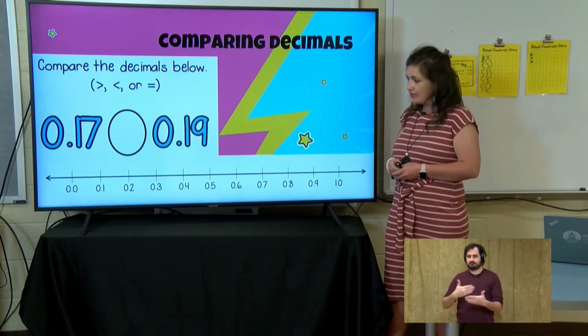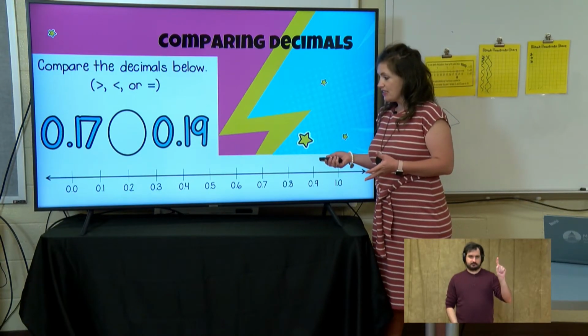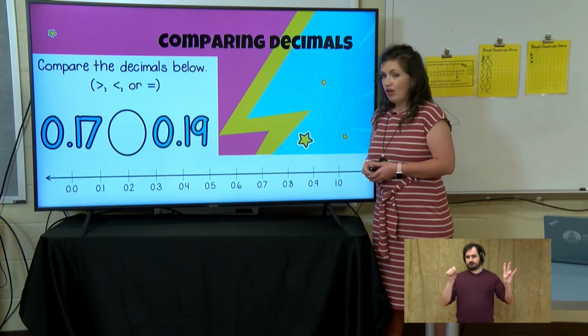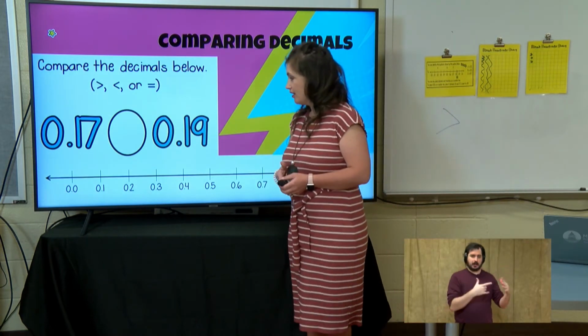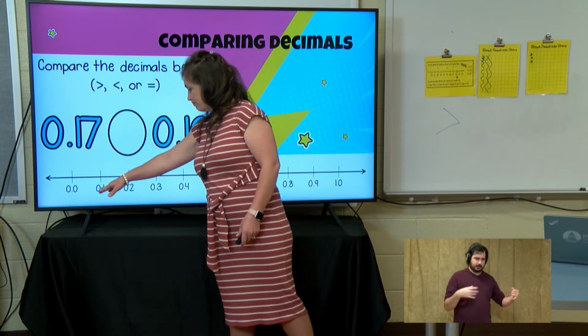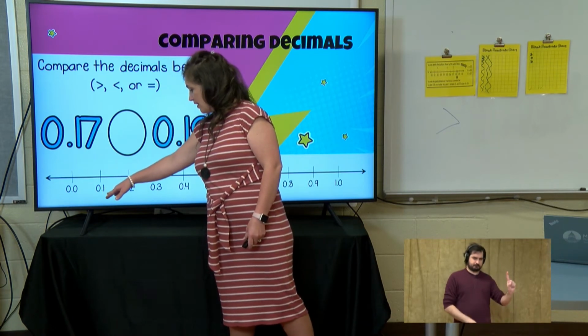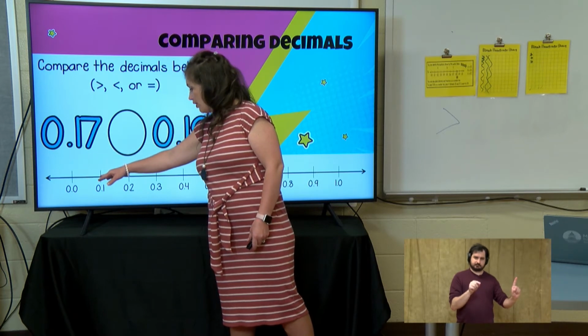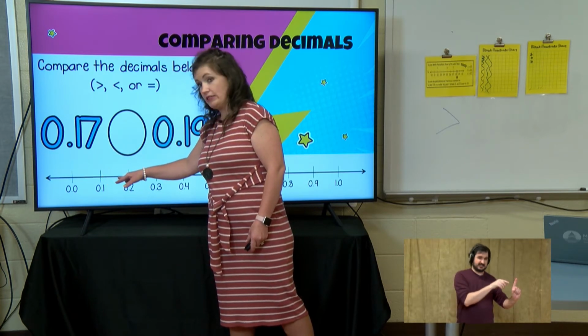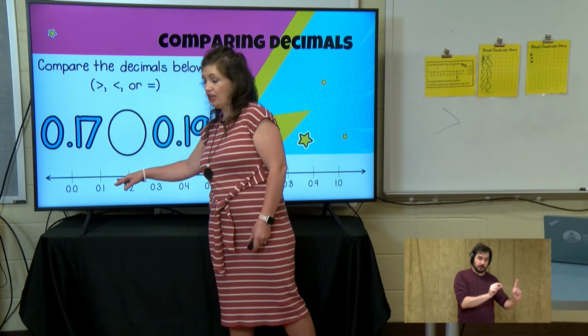Let's look at this one. We have 17/100ths and 19/100ths. All right, so I'm going to go to the beginning of my number line down here. And I have 1/10 and 2/10. All right, so I would go 7 jumps past 1/10, and that would be 17/100ths.